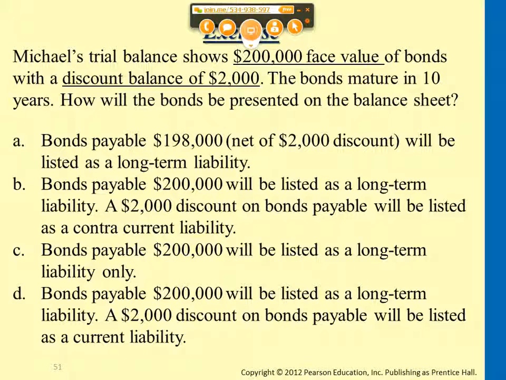There's got to be something wrong with B, right? Discount is actually the part that's correct. If you keep on reading the problem.